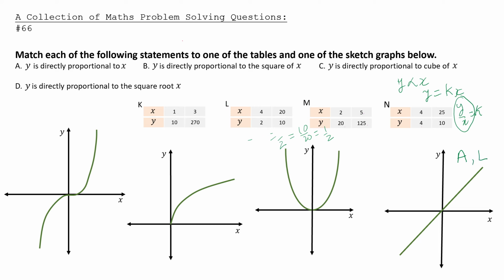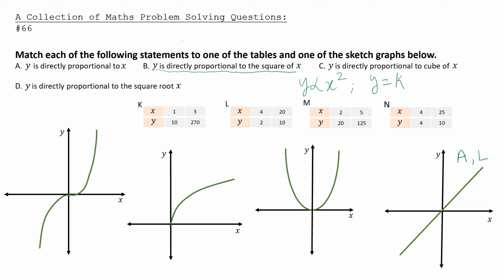So we've done one. The next one would be B, that is saying y is directly proportional to the square of x. So y is directly proportional to x squared. We can write y equals k times x squared, or y out of x squared should be constant. That's k.